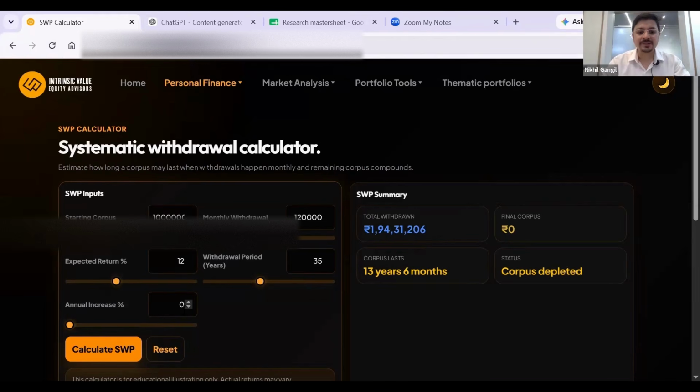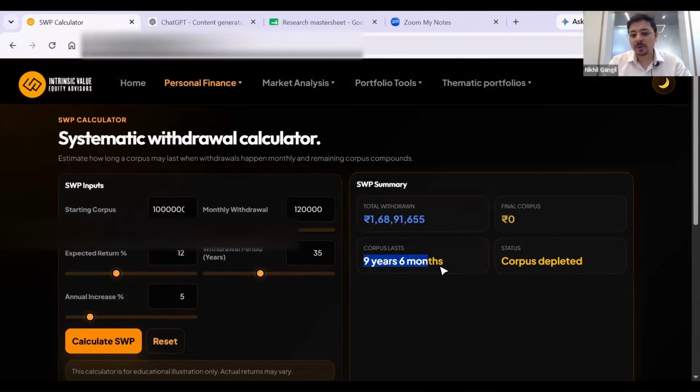And annual increase, at least you have to take 2 to 3% into account, because 3% is the minimum inflation that we have seen till now, but it will definitely be 5%. Let's say you are living a retired life, it will not be affected that much, but at least 4 to 5% CPI inflation you have to take. So with 5% inflation increase, the corpus is only going to deplete in 9 years and 6 months.